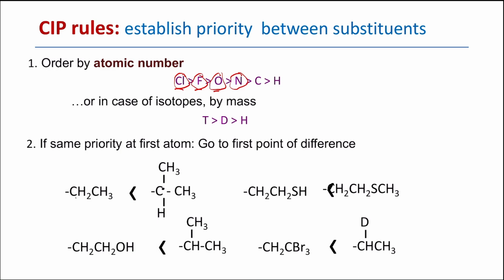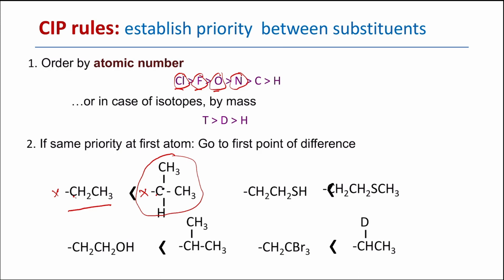If you have a substituent like ethyl and another one like isopropyl, which one will take the priority? The first point of attachment is the chiral center, the same for both. The first atom here is carbon and here is carbon as well, so they have the same atomic number. So we need to look at the following atoms.